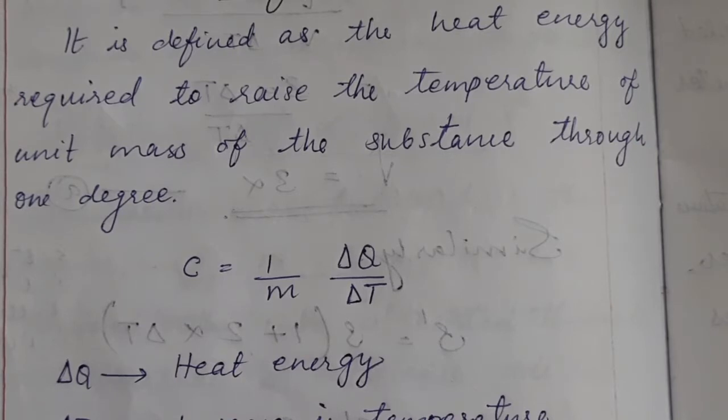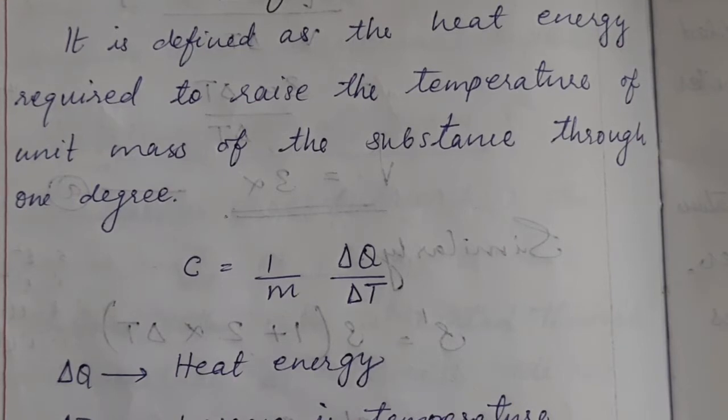For example, if you take a cup of water and a bucket of water, the amount of heat required to raise the temperature by 1 degree will be different. That means it depends on the amount of the substance, and it depends on the nature of the substance.